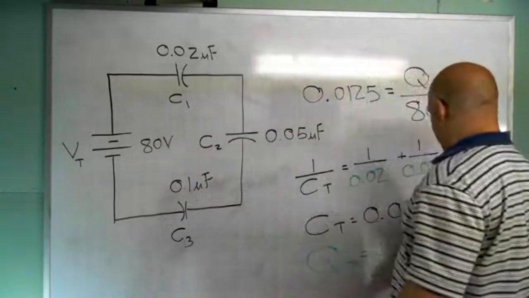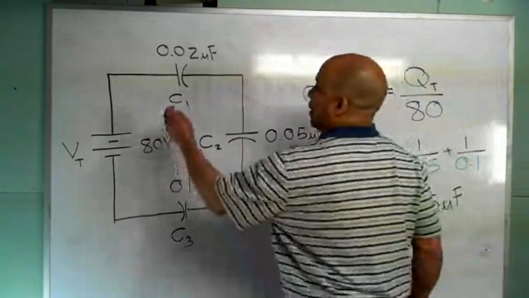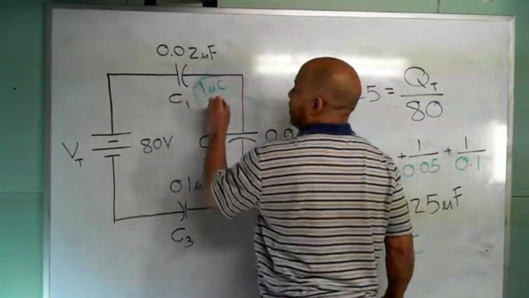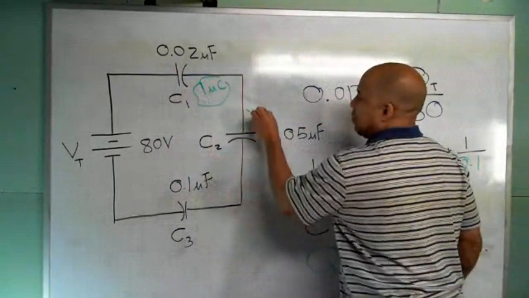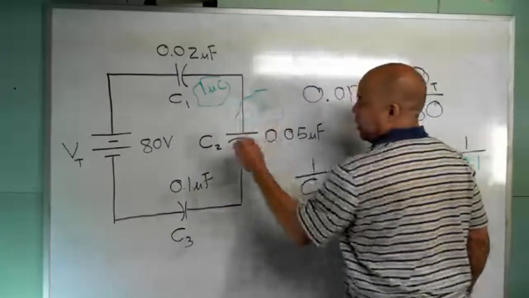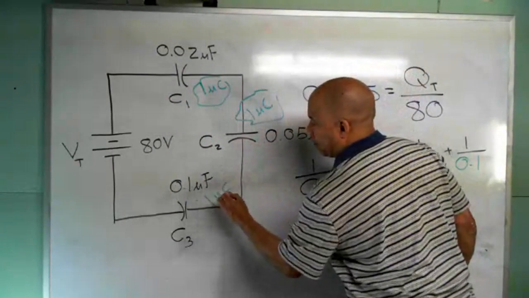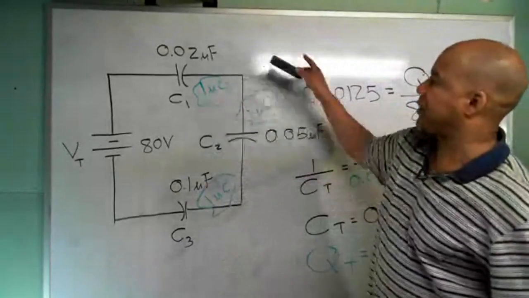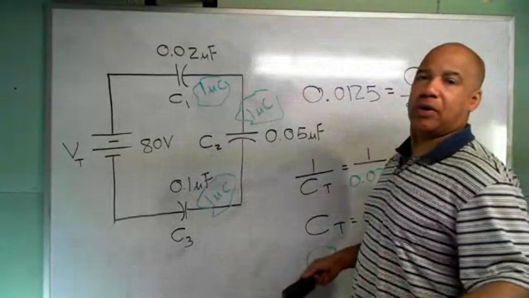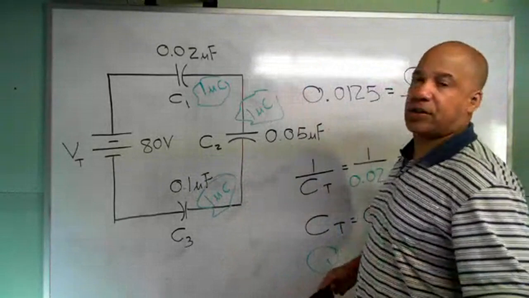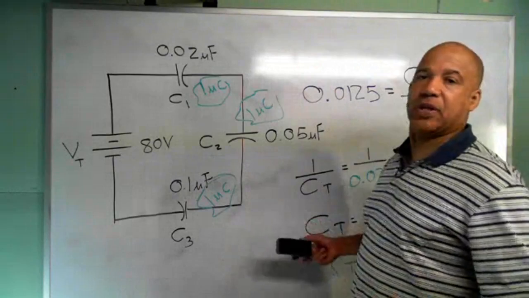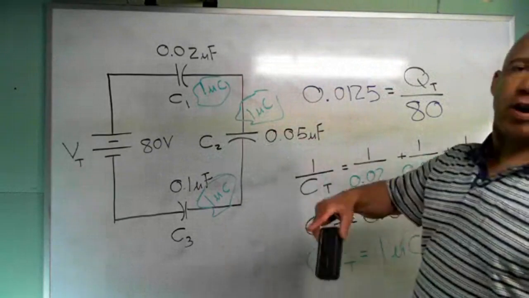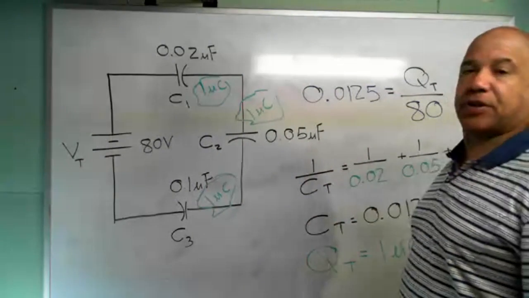If I have 1 microcoulomb of charge, that means right here I have 1 microcoulomb, right here I have 1 microcoulomb, and right here I have 1 microcoulomb. The charge in a series circuit is the same everywhere when I deal with capacitors, just like the current in a series circuit is the same everywhere when I deal with resistors. So finding the charge anywhere, I found the charge everywhere when I have capacitors in series.